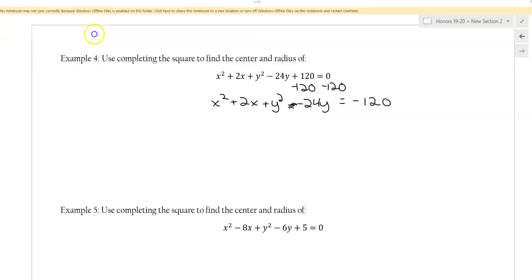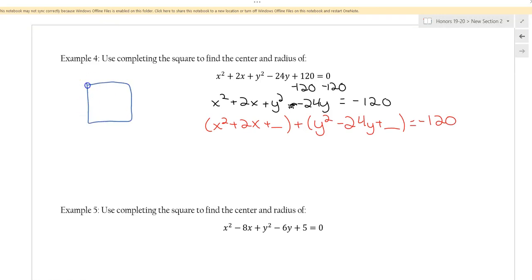Again, we're going to rewrite it with those parentheses. So we have x squared plus 2x plus blank plus y squared minus 24y plus blank equals negative 120. If I draw my 2 boxes, right, my first box with x's is x squared, which is x times x.